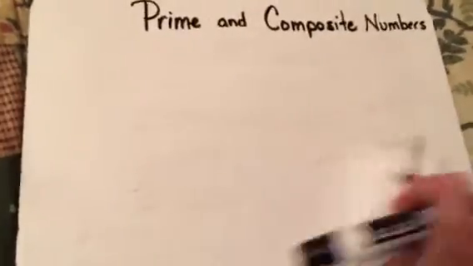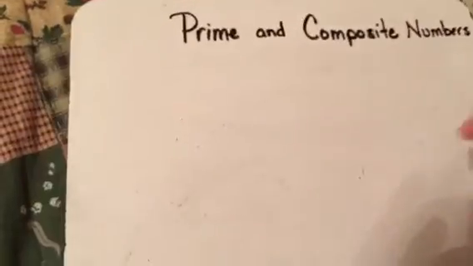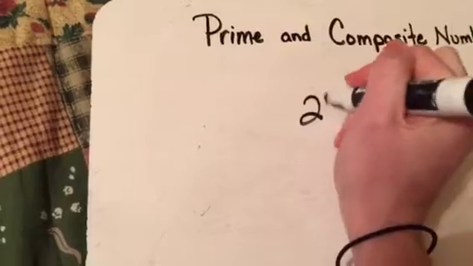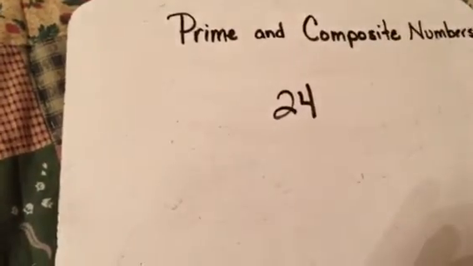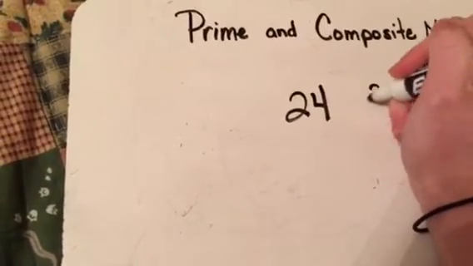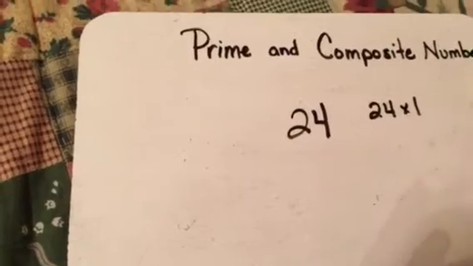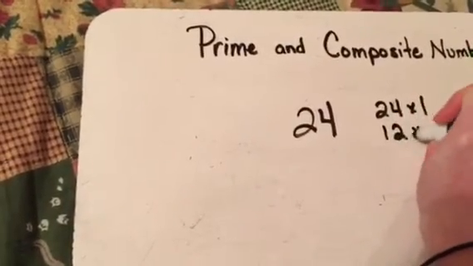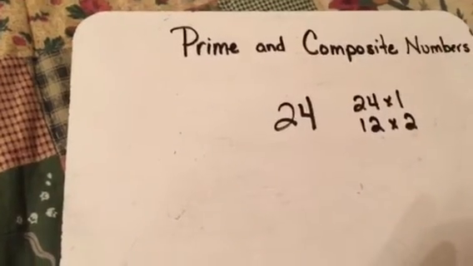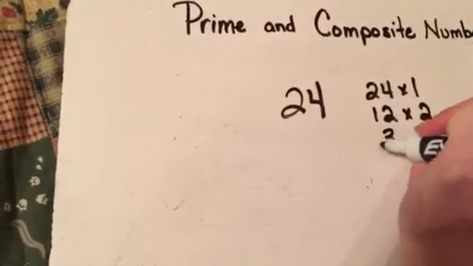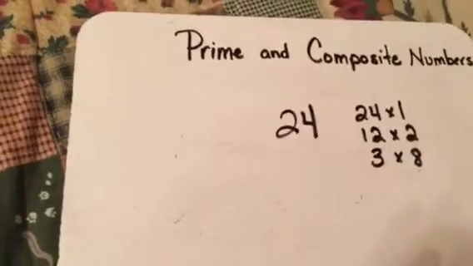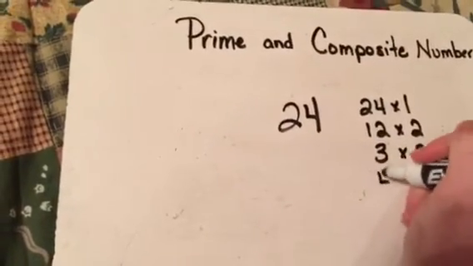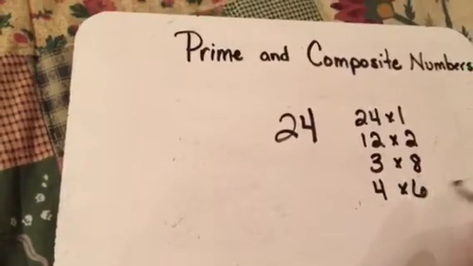How about the number 24? Of course, we know we have 24 and 1, 12 and 2, 3 and 8, 4 and 6.